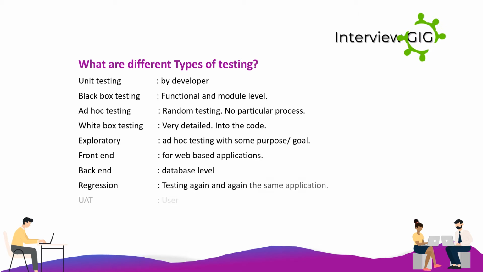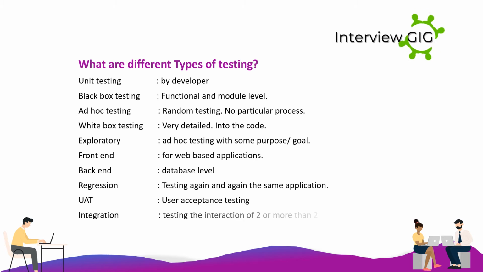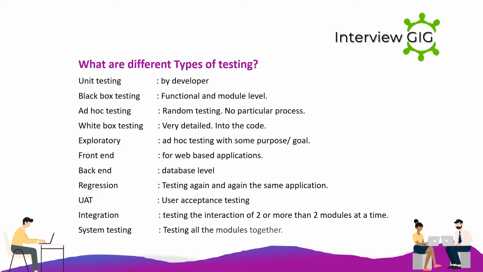Front end, for web-based applications. Back end, database level. Regression, testing again and again the same application. UAT, user acceptance testing. Integration, testing the interaction of two or more than two modules at a time. System testing, testing all the modules together.